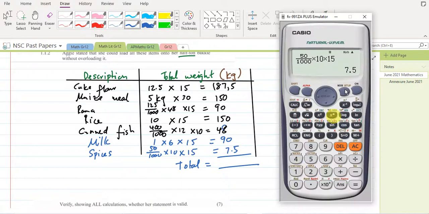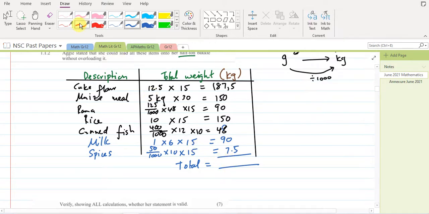So let us add it all up: 187.5 plus 150 plus 90 plus 150 plus 48 plus 90 plus 7.5, and I'm ending up with an answer of 723 kg, which is clearly more than 500 kg, right?